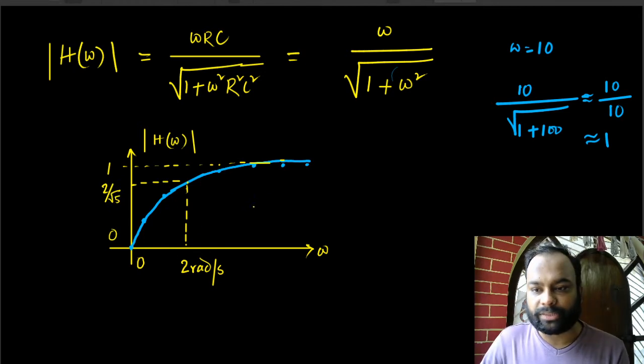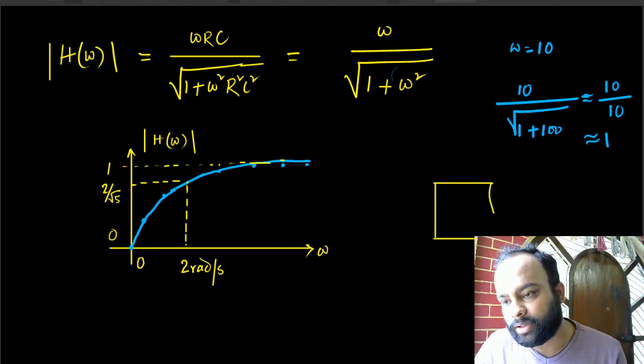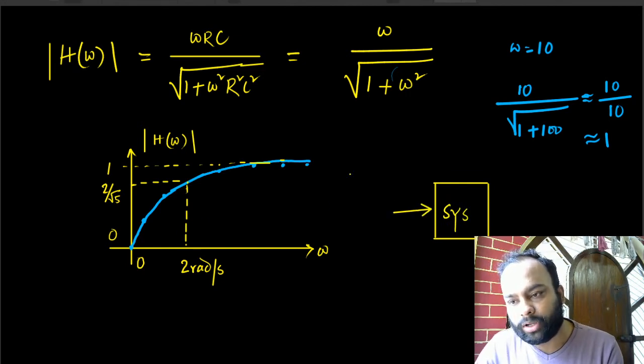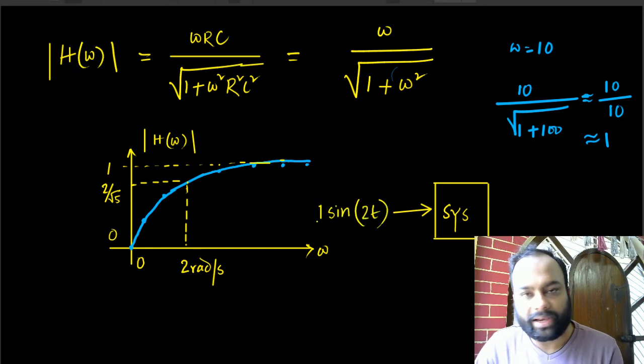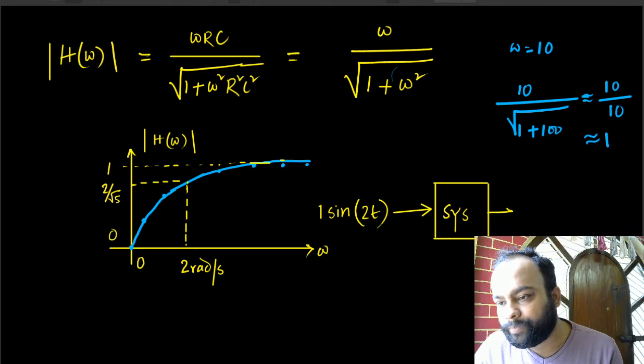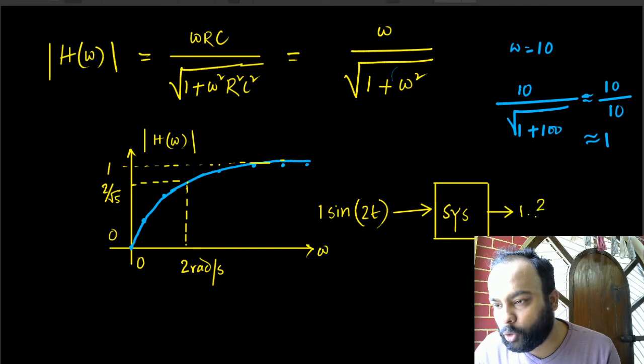So what does it mean? This plot tells me if I excite the system, so this was the system, right? So this is how we represent the system, right, with the box. Okay, so this tells me that if the input is something like this, say 1 volt and then sine 2t, the voltage of the output would be 1 into 2 by root 5 and then sine 2t plus some phase angle, of course.